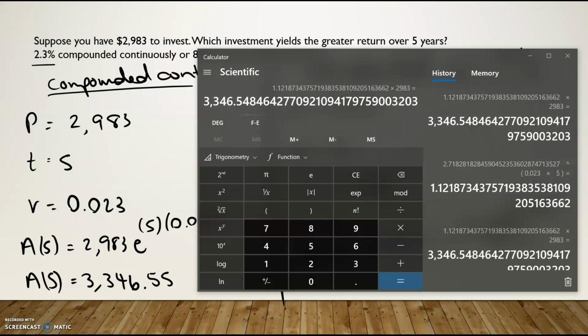And we had an 8.548, so that 8's going to change that 4 to a 5.